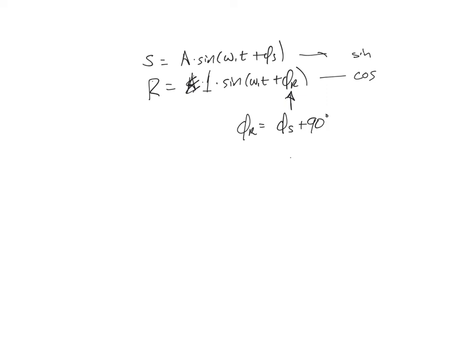Then you get the out equals 0 case because you have sine and cosine being multiplied and then averaged, right? And this turns out to be the most sensitive way to actually set your phase.